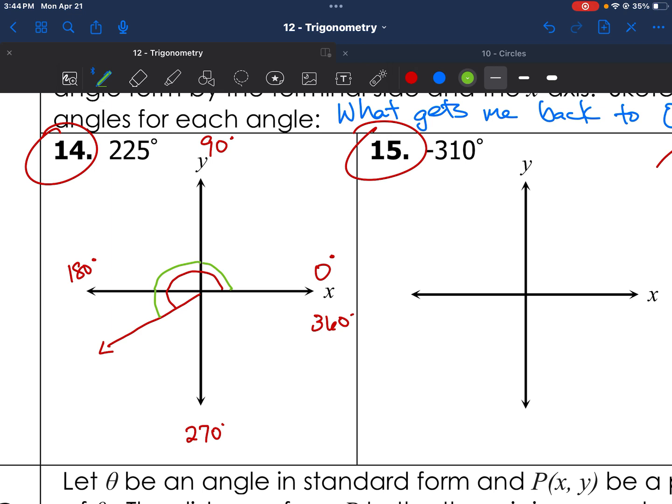That extra, and that's what we're measuring as our reference angle, is going to be an extra 45 degrees, because to go from 180 to 225, I had to go an extra 45 degrees. So my reference angle for a 225 is 45. And it doesn't matter that I went below the x-axis. Reference angles, we're always just going to consider to be positive.